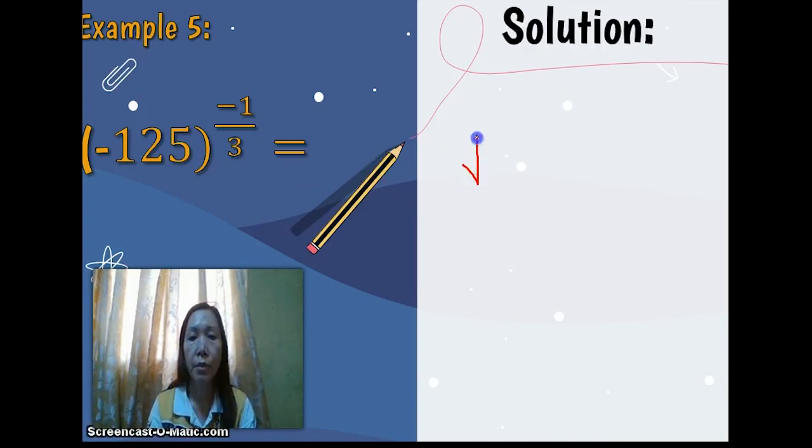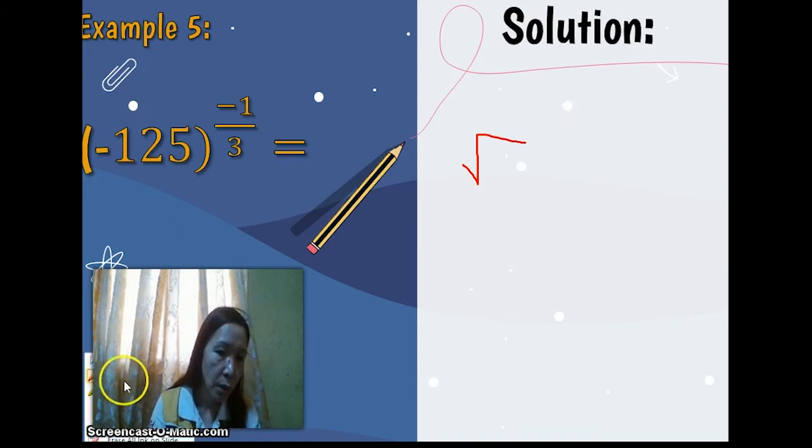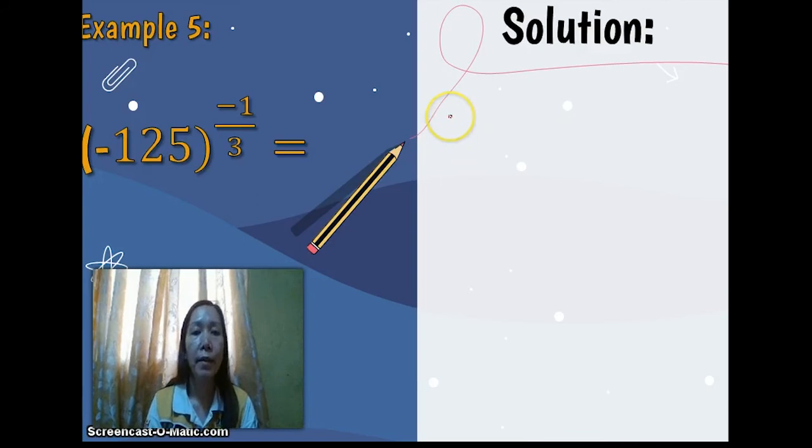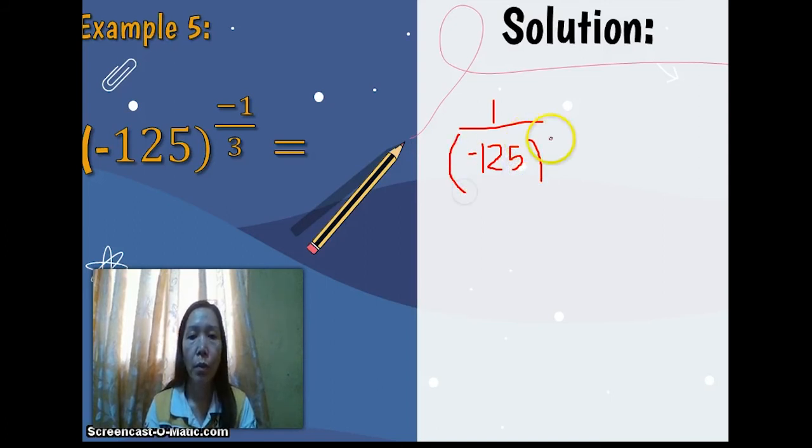Sorry, but before that, I forgot, we're going to simplify first using the positive fractional exponent, before we do something in radical. Since the exponent is negative, we will write 1 in the numerator, and then drop the negative sign on the exponent: negative 125, quantity raised to 1/3, positive.